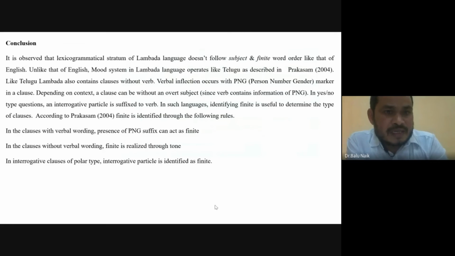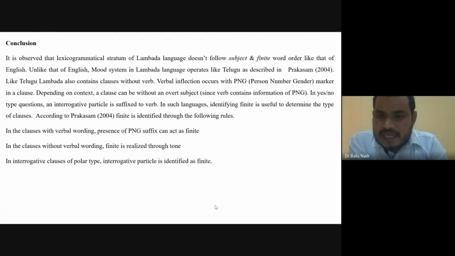It is observed that the lexicogrammatical stratum of the Lambada language doesn't follow the subject and finite word order like English. Unlike that, the mood system in Lambada operates like Telugu, as described in Prakasham 2004. Telugu and Lambada also contain classes without verb.